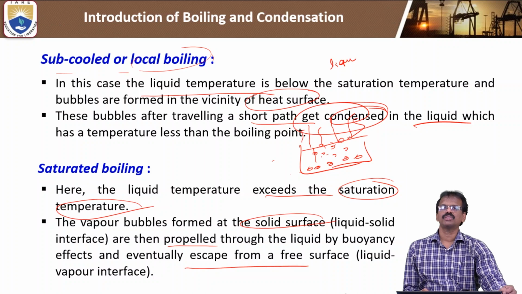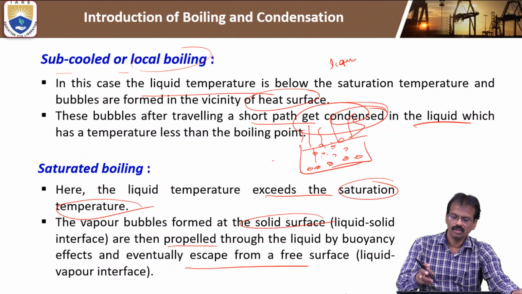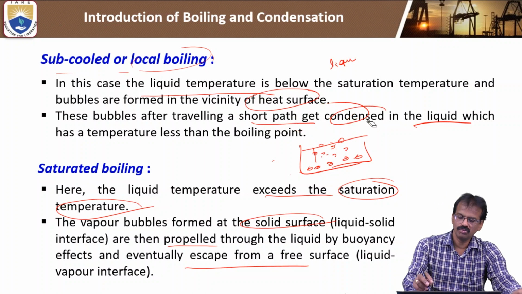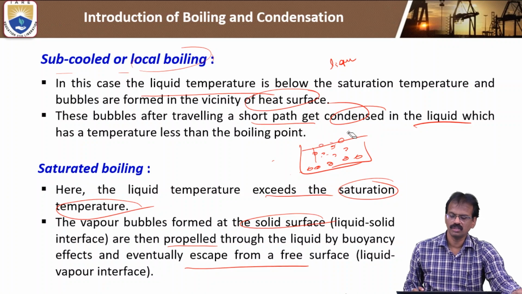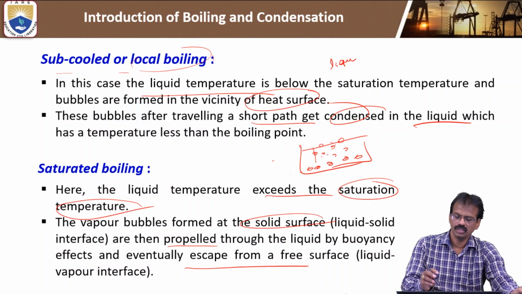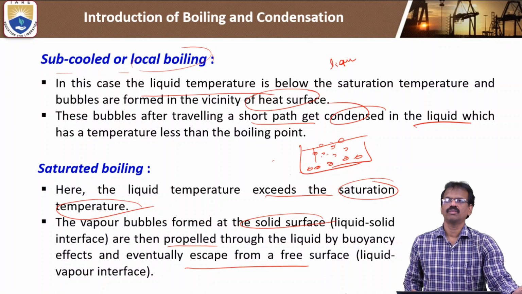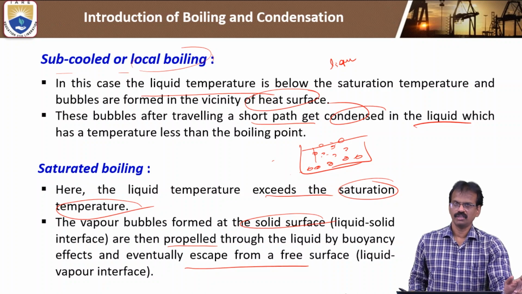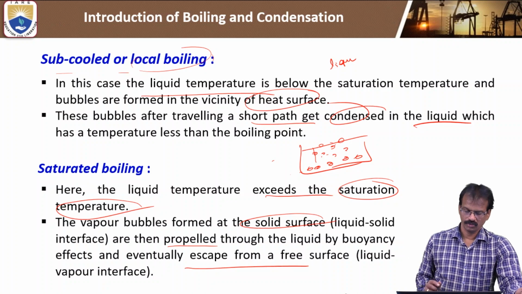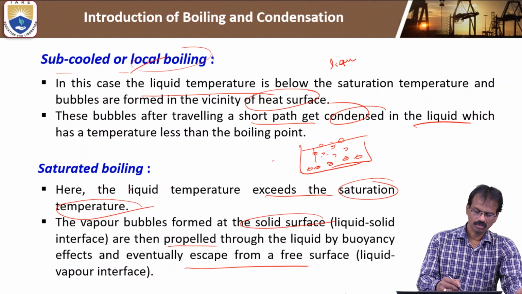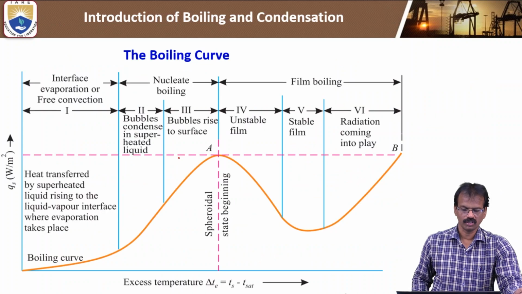So this is saturated boiling. But here also bubbles will be formed, and those bubbles are again condensed due to the low temperature of the water, meaning the water temperature is less than the boiling point. So these are the two types of boiling.